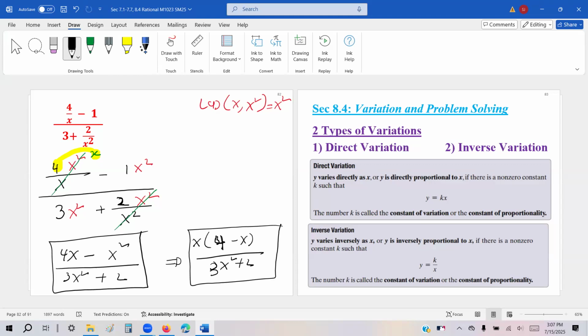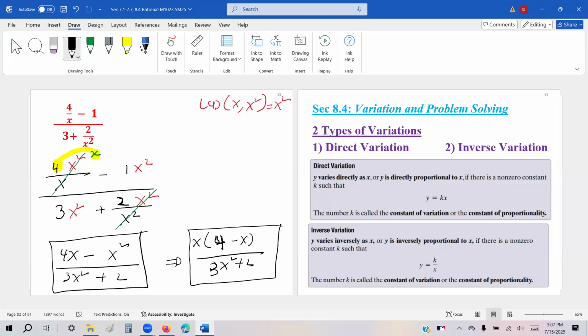But in real life, we always face two scenarios. If we have a relationship between two things, either they are directly related or they are inversely related. For example, the money you earn versus how many hours you work. The more hours you work, the more money you get.